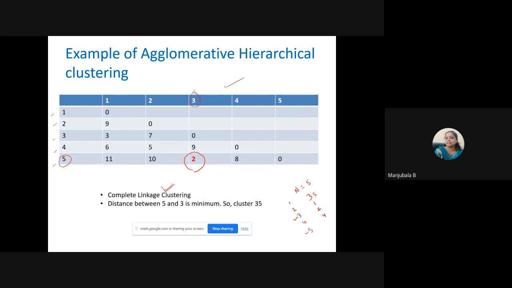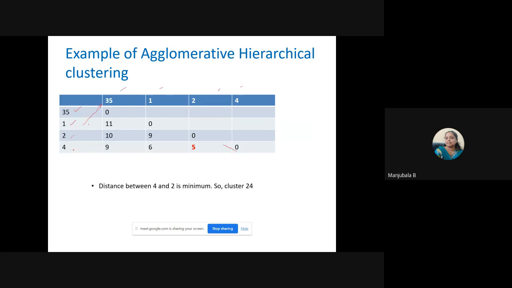From 1 to 3, the distance is 3. From 1 to 5, the distance is 11, right? So what is the distance between 1 and 3, 5? In complete linkage clustering, you have to consider the maximum value, and in single linkage clustering, you take the minimum value. Out of 3 and 11, the value is 11. That's why the distance between 1 and 3, 5 is 11.